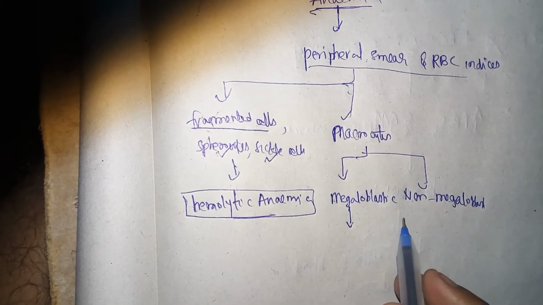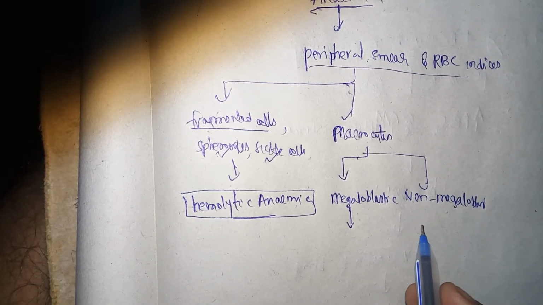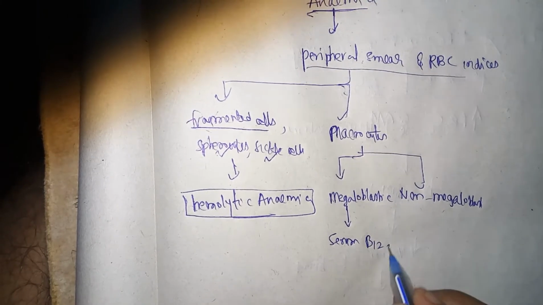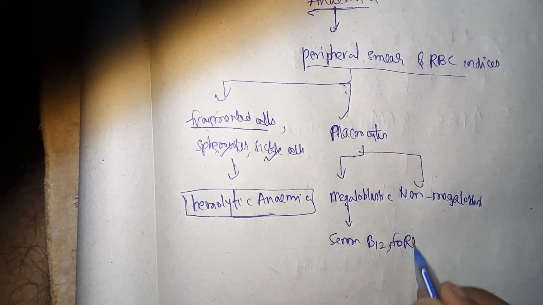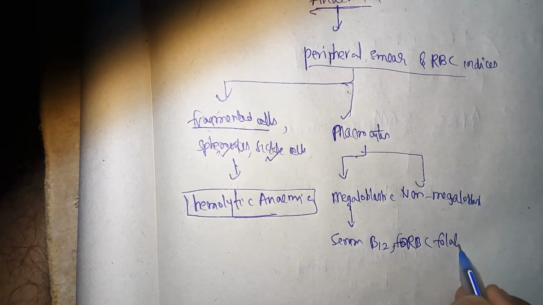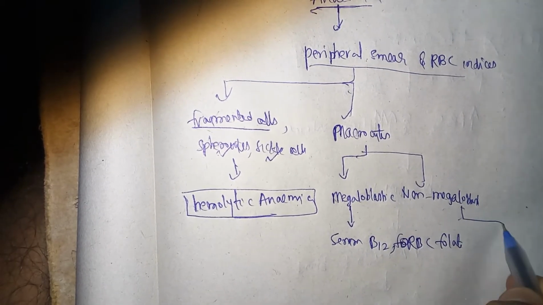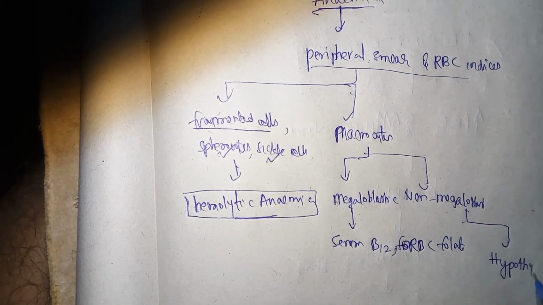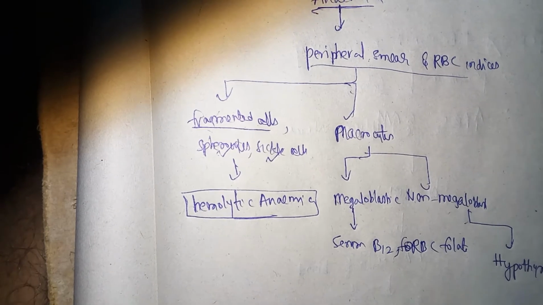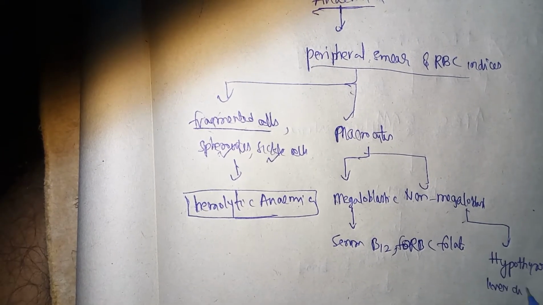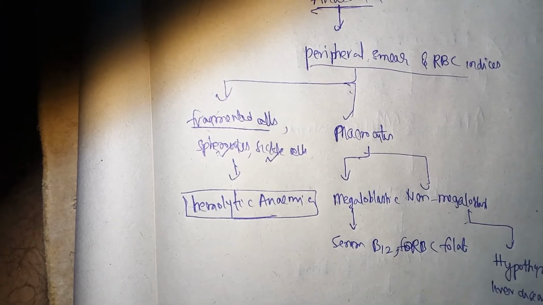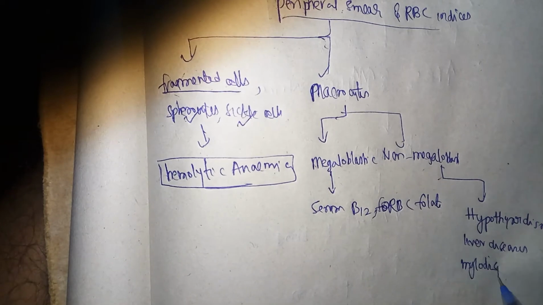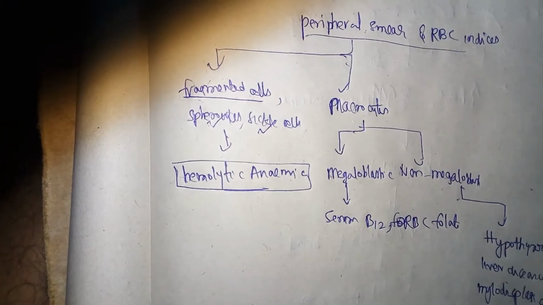If there is megaloblastic anemia, then we'll check serum B12 levels and RBC folate. In non-megaloblastic, we look for hypothyroidism, liver diseases, and myelodysplasia diseases.